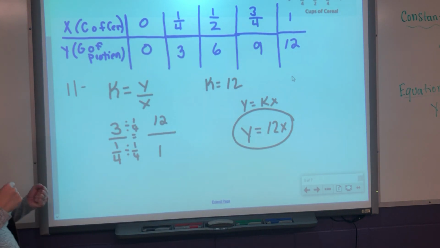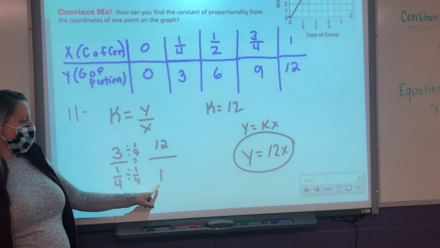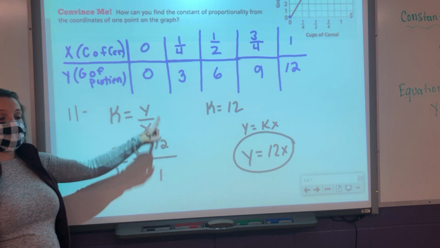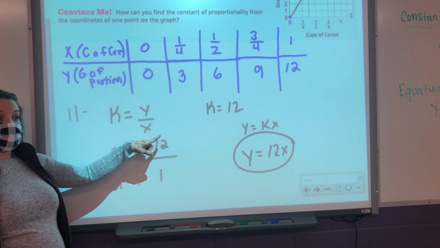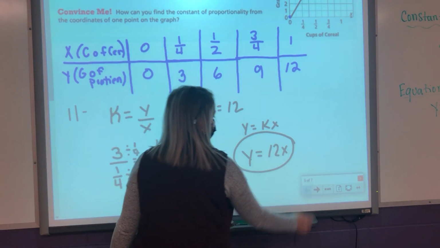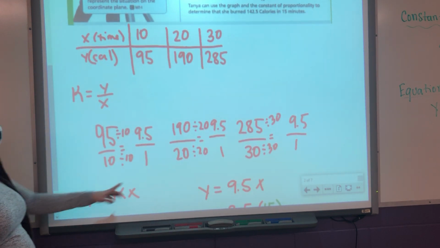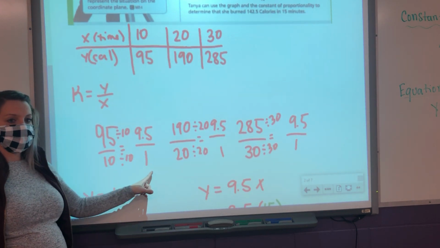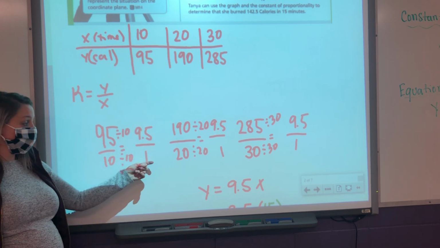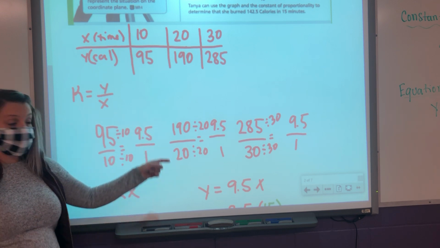So real quick before we go today, this ordered pair is 1, 12, correct? That's our, what else? Constant proportionality, which is also our unit rate. And the ordered pair then would be 1, 9.5, right?